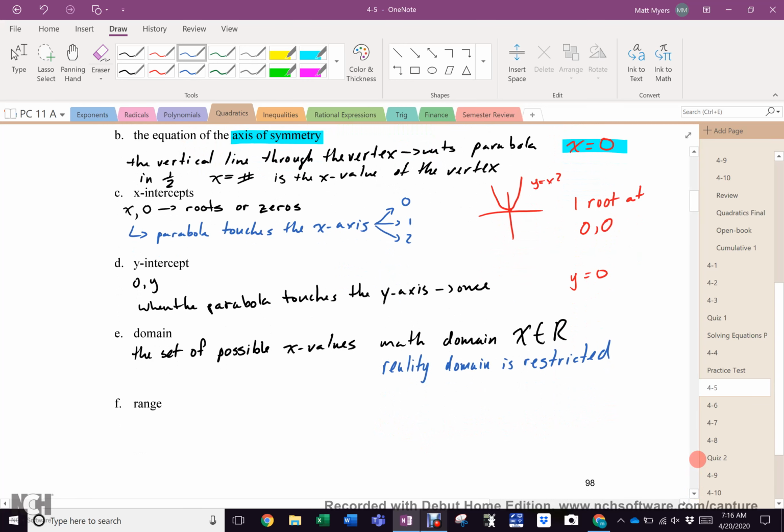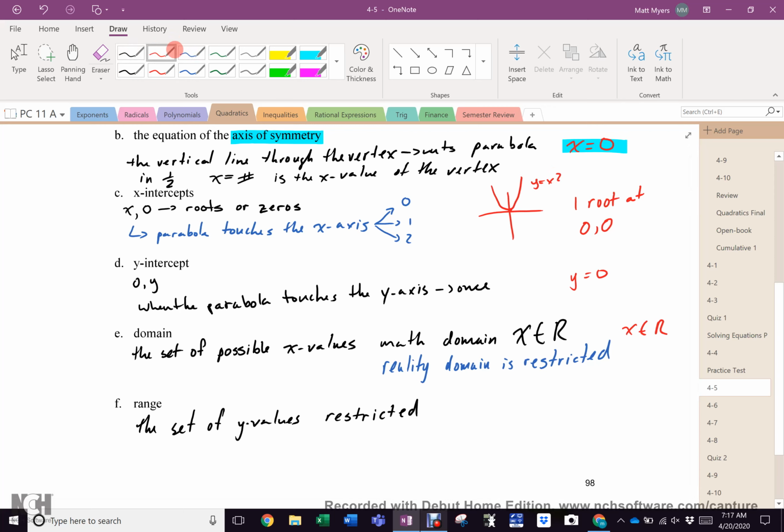The range is the set of y values. And the y values are always restricted. So in red here, it's all real numbers because we could put any number in for x and square it.